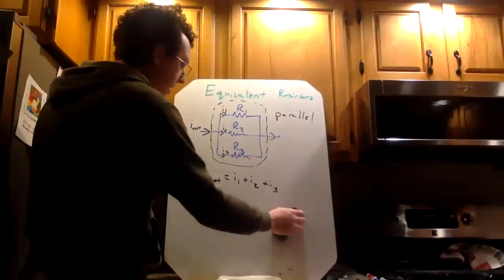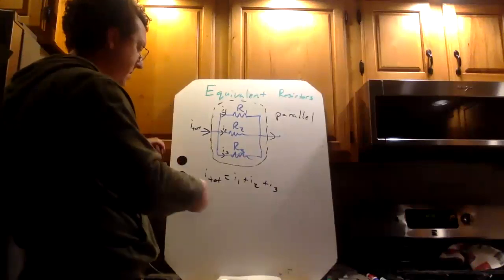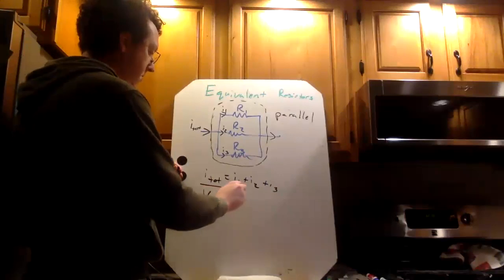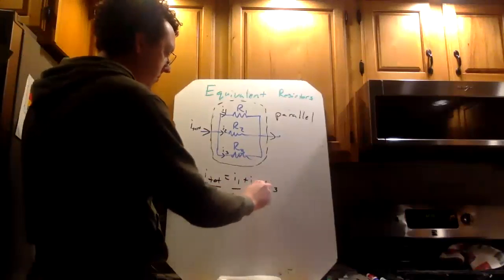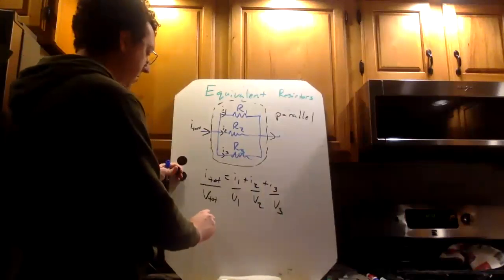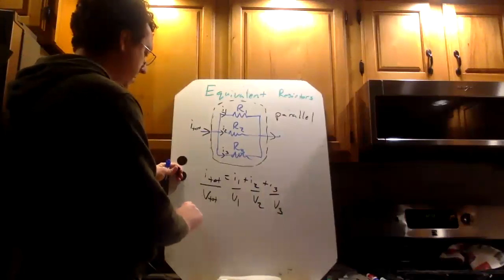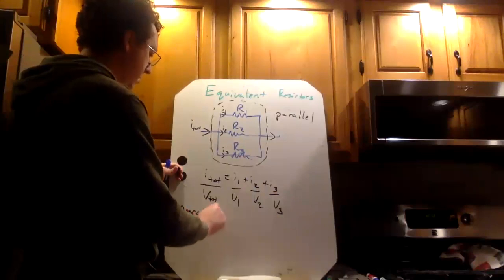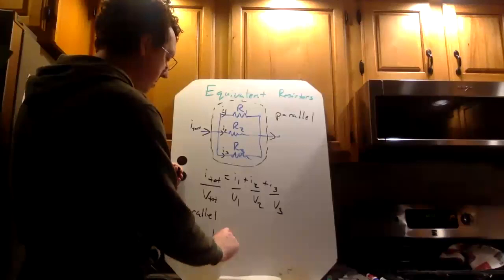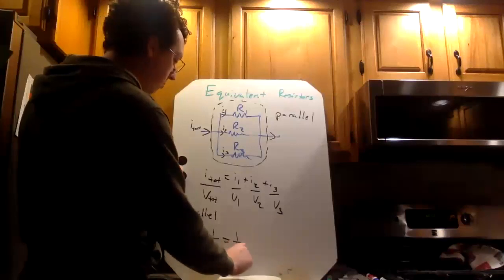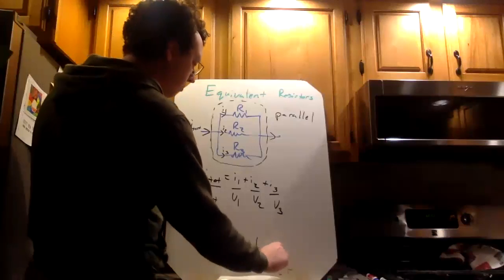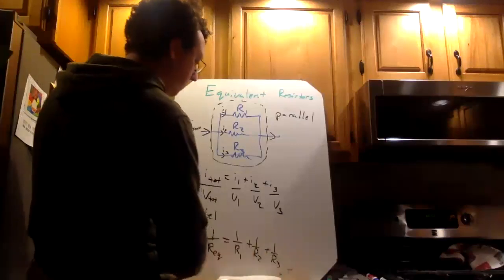So if I do that, here's the thing that adds, and I divide it by V total, which of course is the same as V1, which is the same as V2, which is the same as V3. I learned that in parallel, 1 over R equivalent equals 1 over R1 plus 1 over R2 plus 1 over R3.